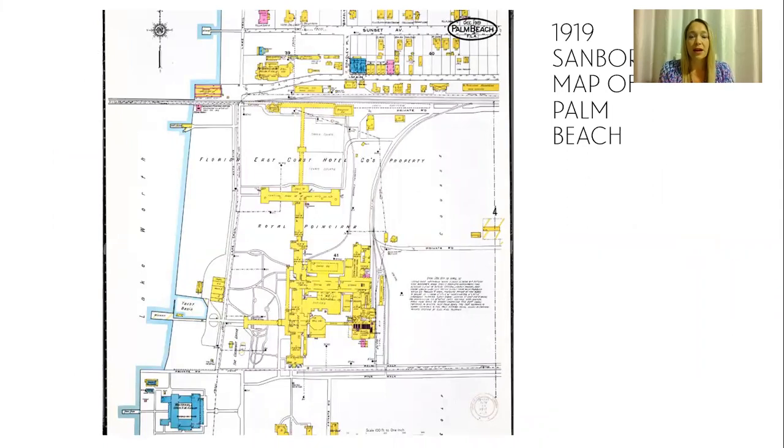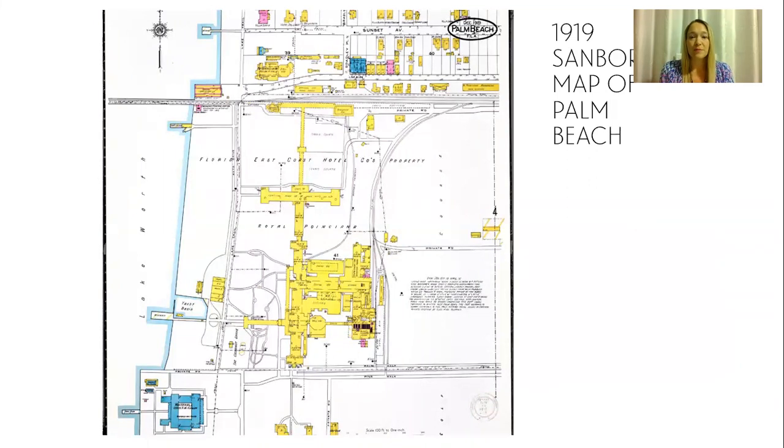Now, if you're able to follow along at home, we have a fun activity that we can post on our website. You'll be able to find the Sanborn map of Palm Beach. Now, Sanborn maps were a really great tool. They were used by the fire insurance companies to rate buildings. However, the maps for our purposes aren't necessary for insurance purposes anymore, but we use them now as great historical documents.